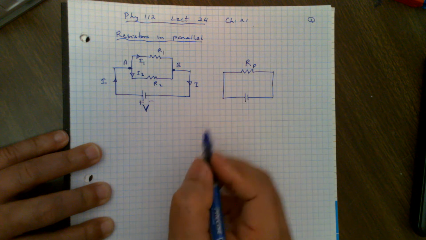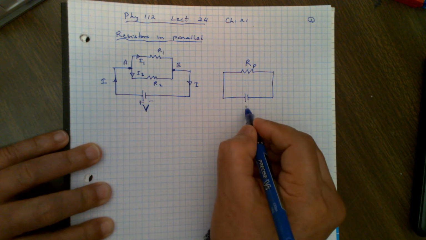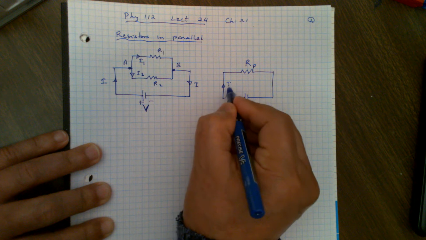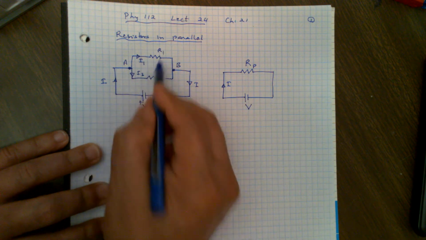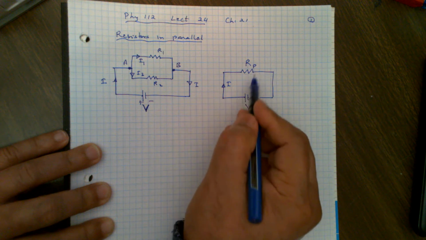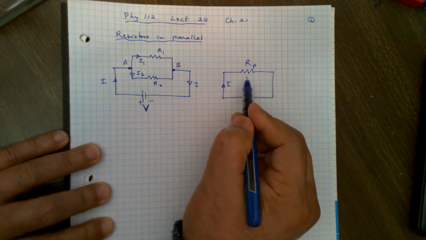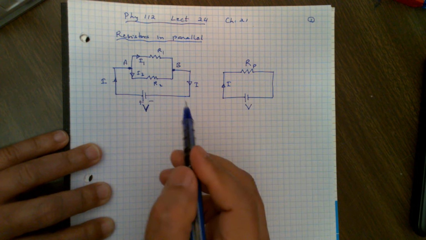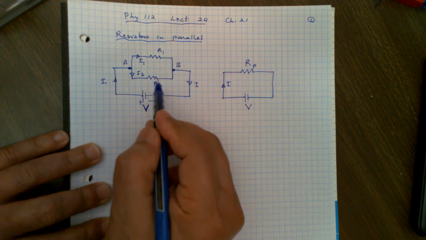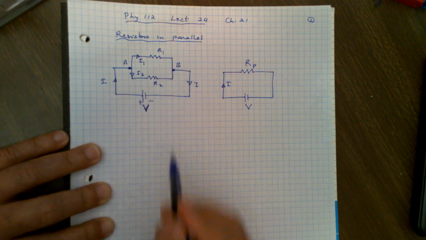I'll write RP so that you'll remember the voltage here is V, the current is still I. So instead of these two now, I have only this. That's what I call the equivalent resistance or equivalent resistor, and I want to find this RP, which will be equivalent to these two in parallel.